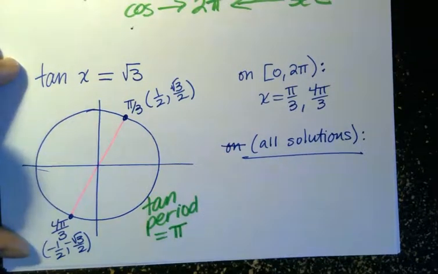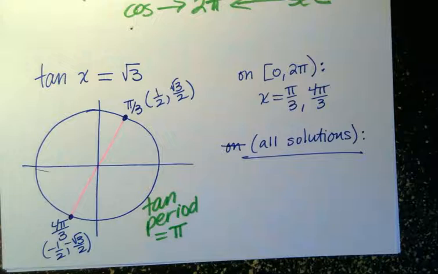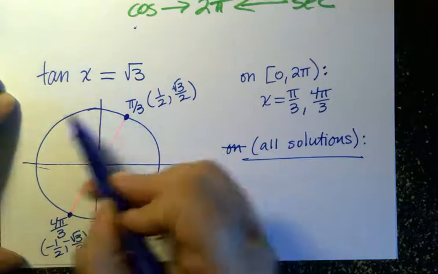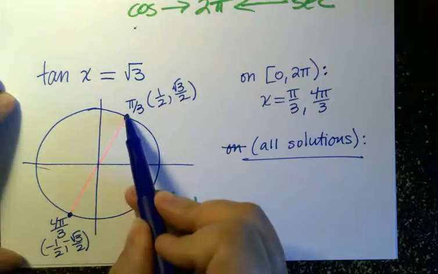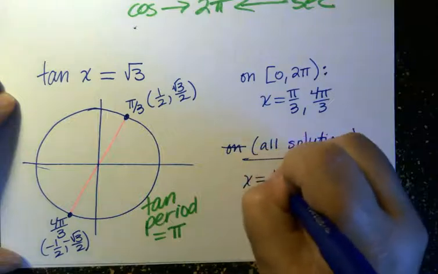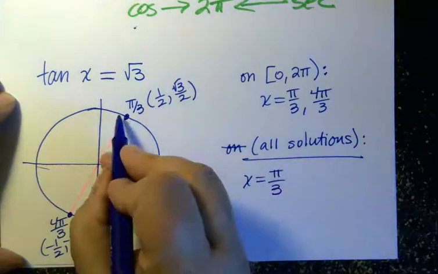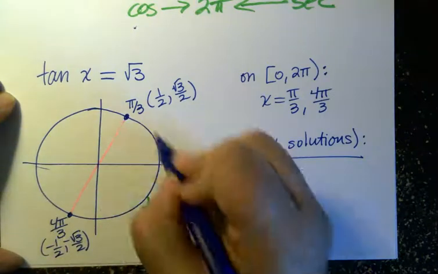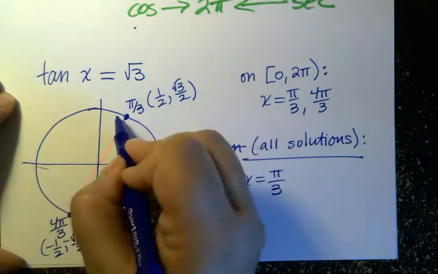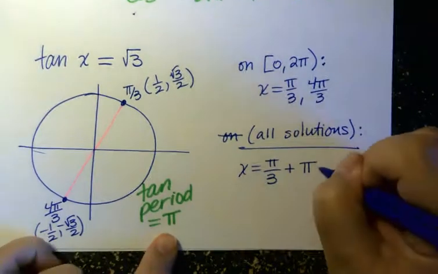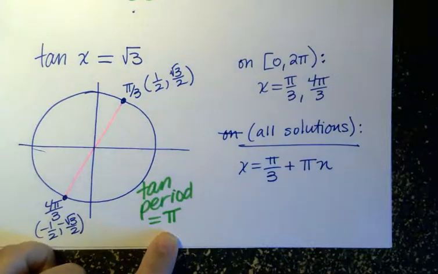Remember that when we were doing graphing? So instead of going 2 pi to get to your other values, and you don't even have to name both of these, this is 1 pi. Half of the circle is 1 pi. So if I just name the first time it happens, I could say x is pi over 3 plus 1 pi, 2 times 1 pi, 3 times 1 pi, 4 times 1 pi, or negative 1 pi, negative 2 times pi, plus pi, the period, times whatever number you want to give it.